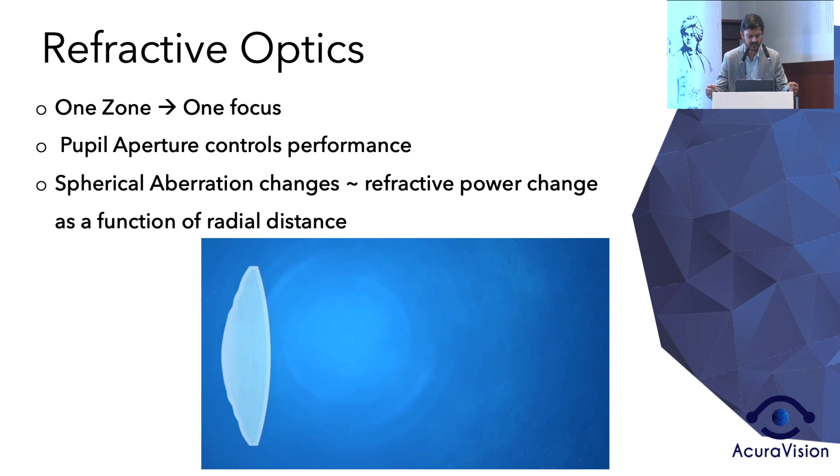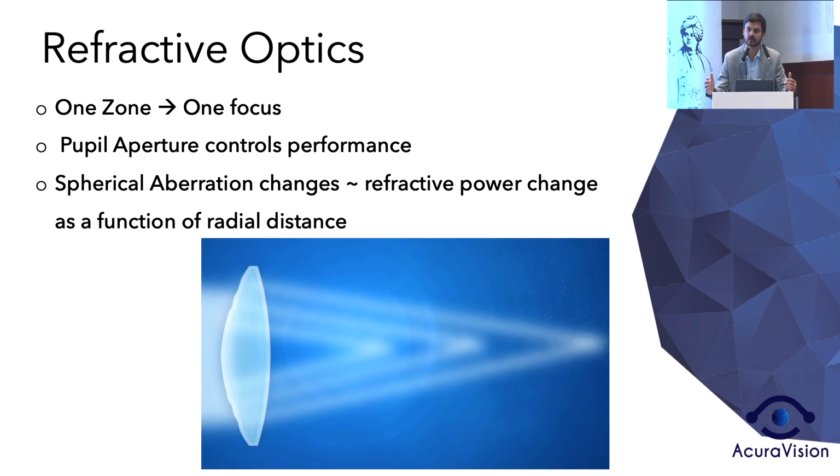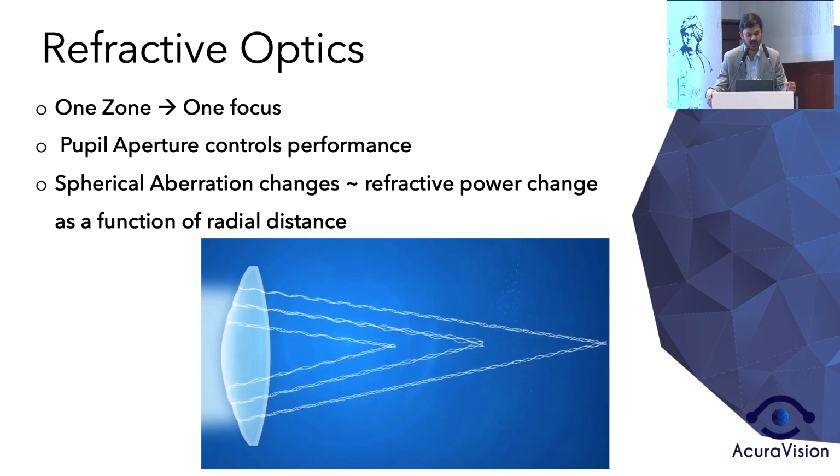So if we look at refractive optics, to put it very simply, maybe oversimply, refractive optics involves one zone giving light to one particular focus. And so the pupil aperture controls the performance of a refractive lens, meaning that it depends on the size and the location of the pupil as to what area of the lens is exposed, and that changes the performance of the lens.